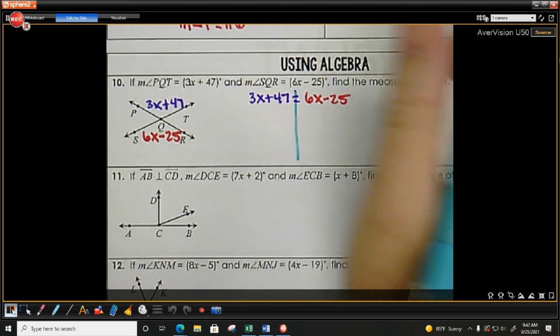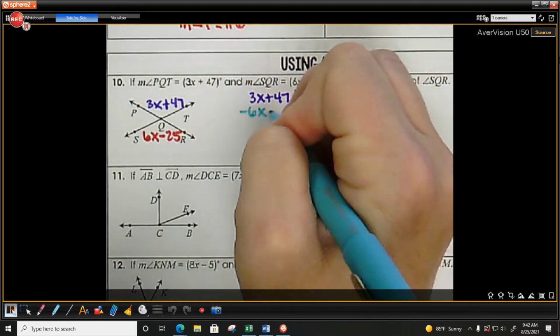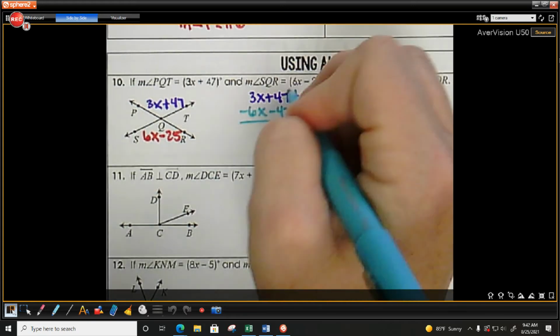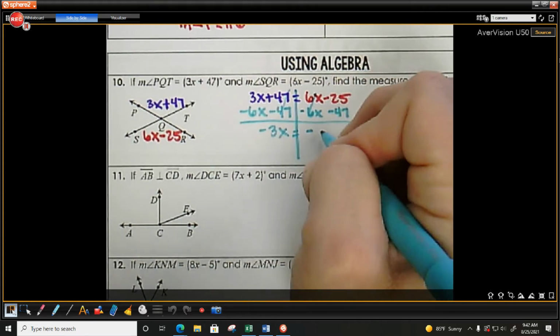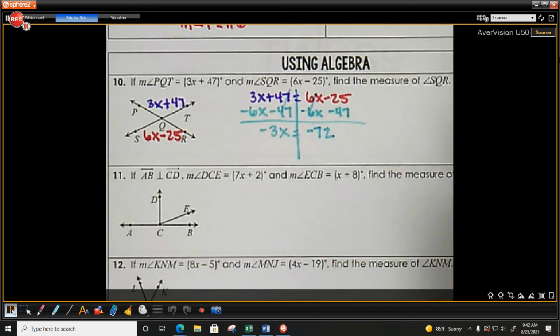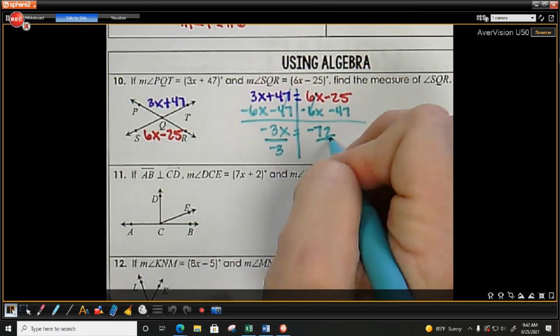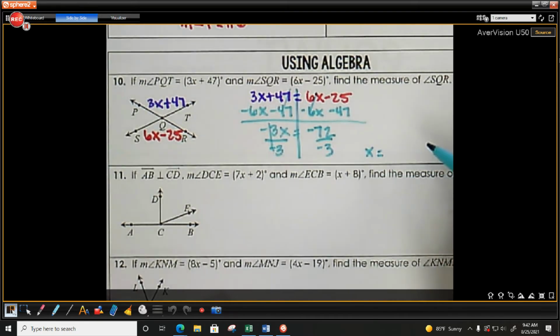So I'm going to subtract 6x, and then subtract 47. So I get negative 3x equals negative 72. Good with that? And then divide by negative 3. And we get x is 24.